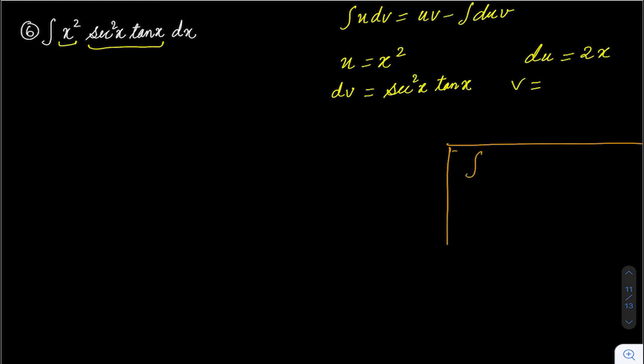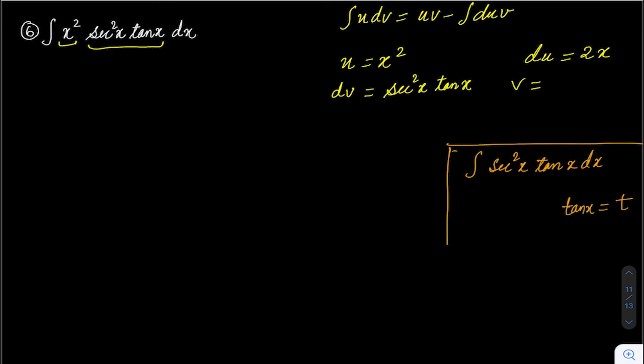Okay, so I have integration of secant square x into tan x. Now I can use substitution in this. And if I look closely, if I take tan x as t, so differentiation of tan x is secant square x, right?